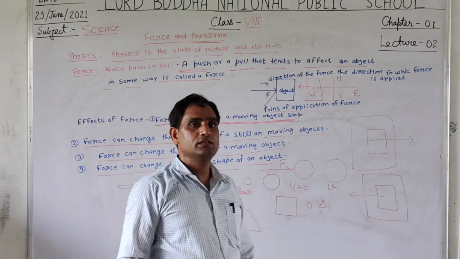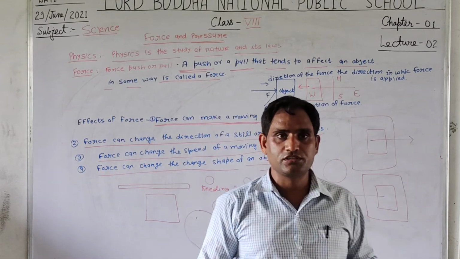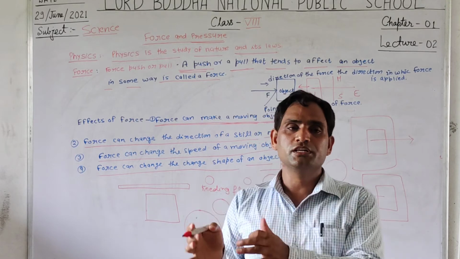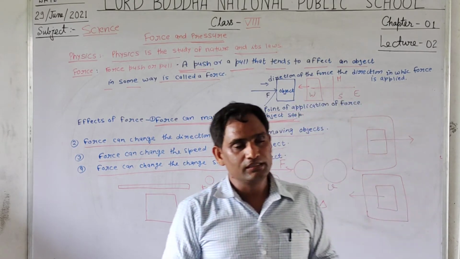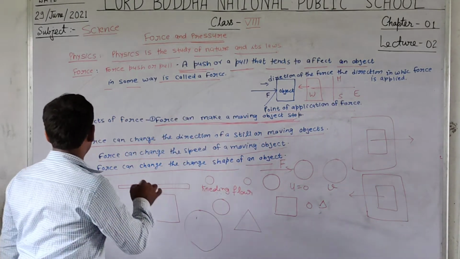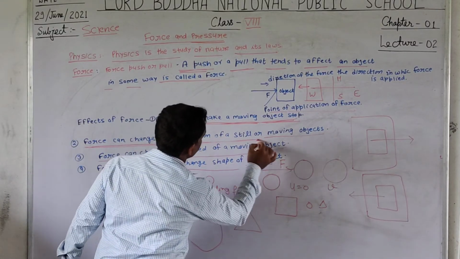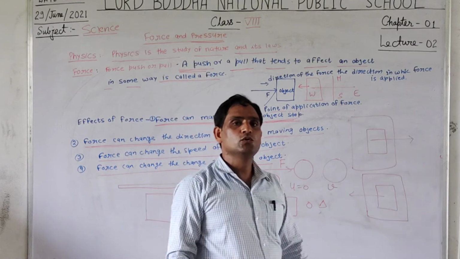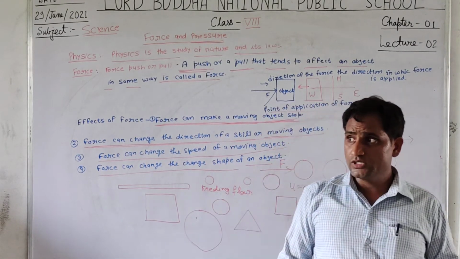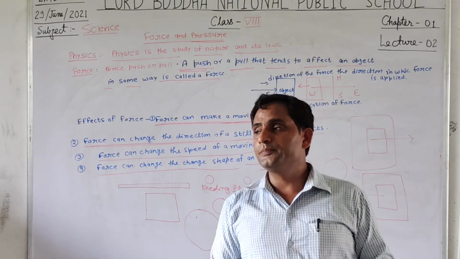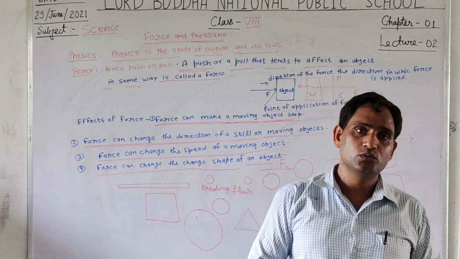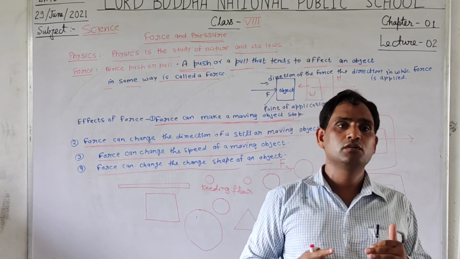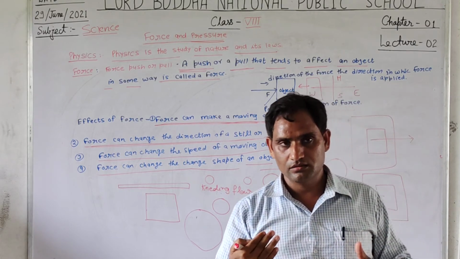This means if there is an object which is running, by applying force we can bring it to rest. Second, force can change the direction of a still or moving object. When you are running, if any person hits you from the side, then the direction of your motion changes.